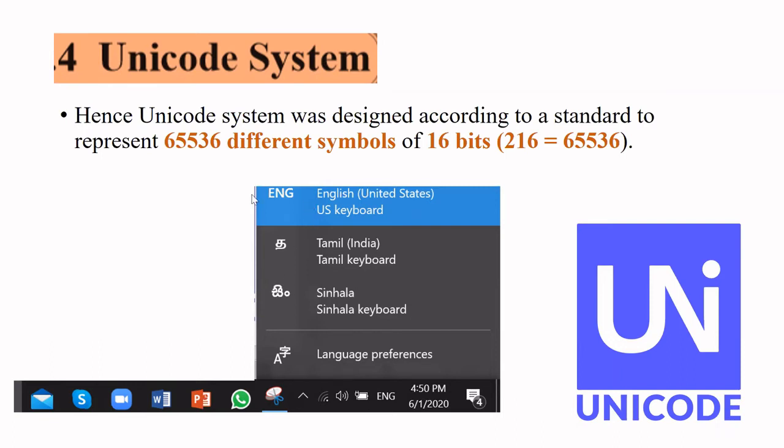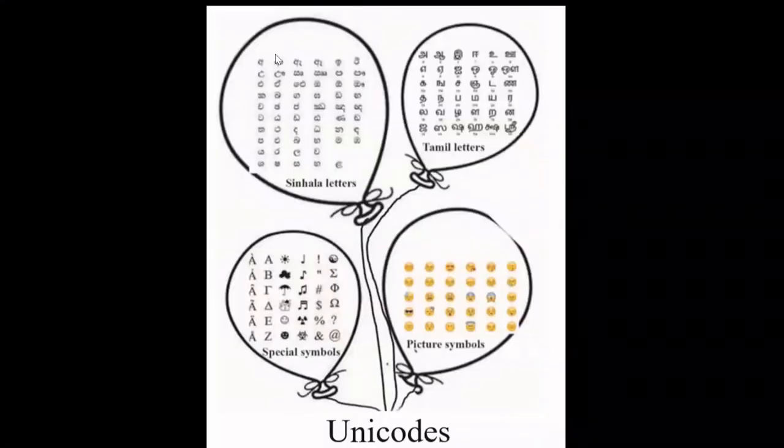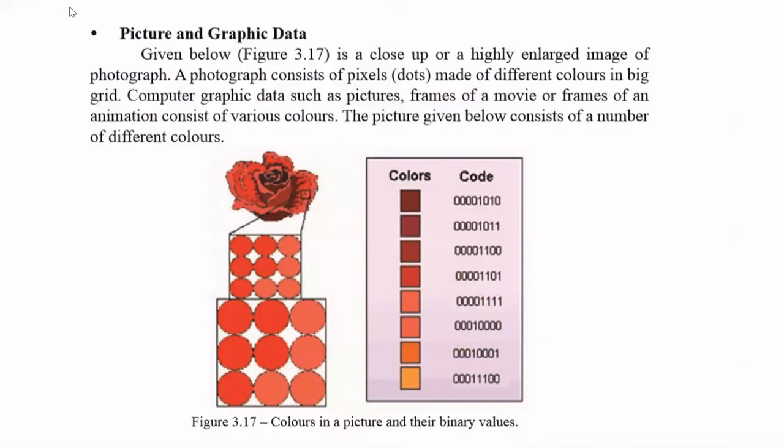So that is a very useful coding system, right? Okay. Right now, you can see not only the characters, right? You can see special symbols and pictures. There are so many things denoted by Unicode, right? So that is very important, right? Now we can move to the other things.